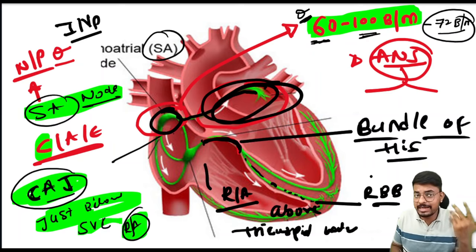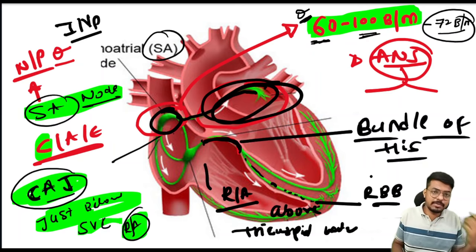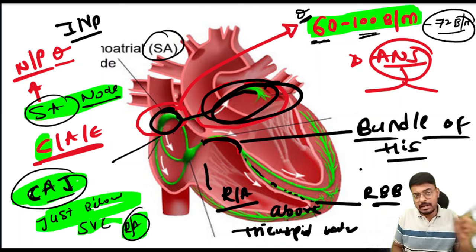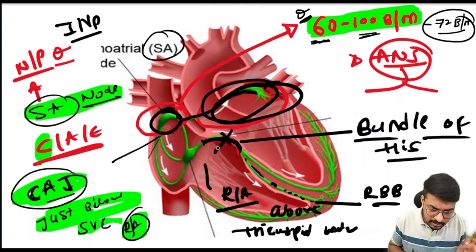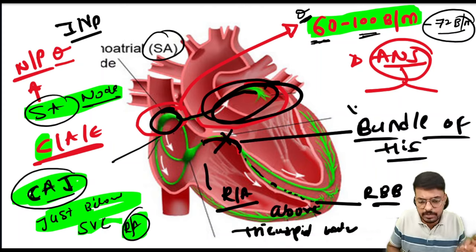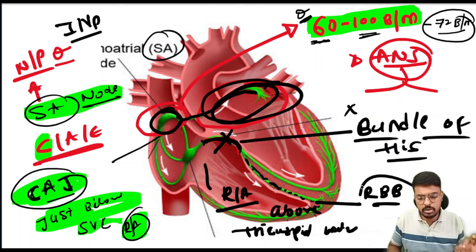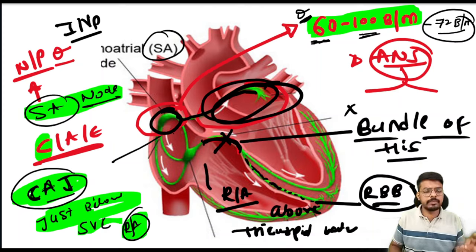So here you people will get the clear concept where is the right bundle branch block, where will be the left bundle branch block.